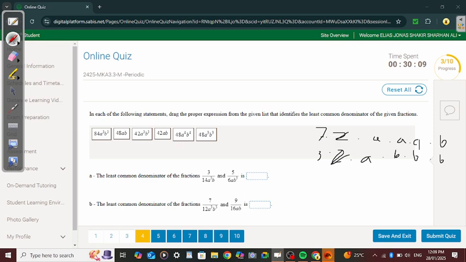Okay, so here we have 7 multiplied by 2 multiplied by 3. 7 multiplied by 2 is 14. 14 by 3 is going to be 42. And then a squared, a cubed, b squared, b cubed. So a cubed, b cubed. That is your answer.